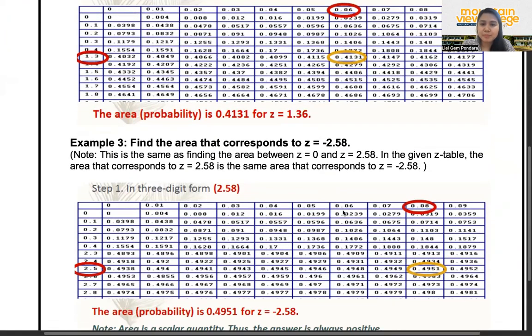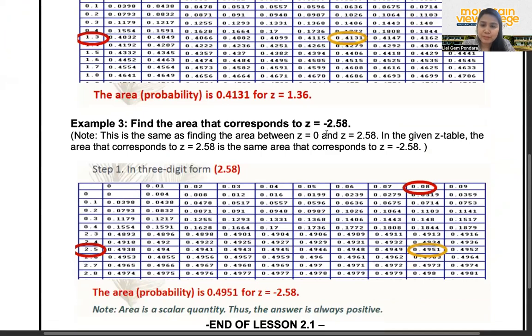The last one, -2.58. Remember, area is a scalar quantity. So it means that the answer is always positive. Like for example, you don't say, how big is your land? 5 hectares. How small is your land? You don't say -1 hectare, right? See, still 1 hectare. So it's always positive.